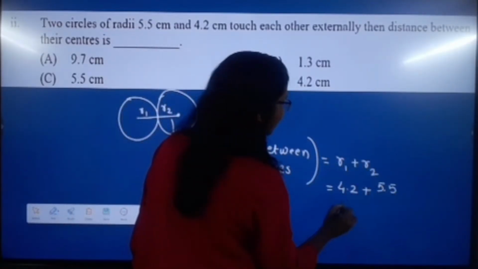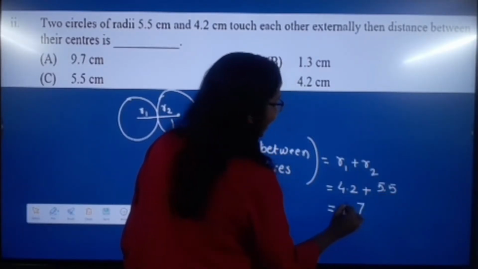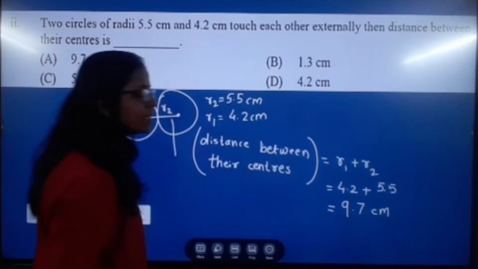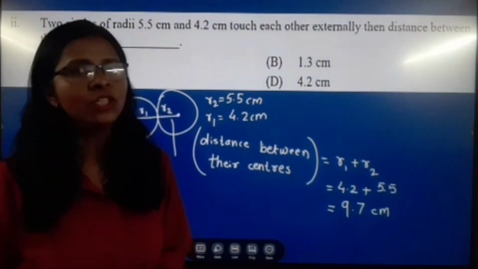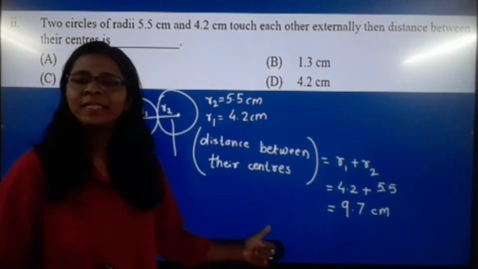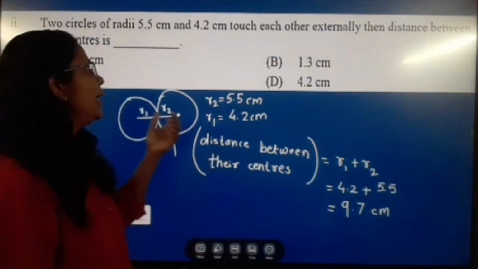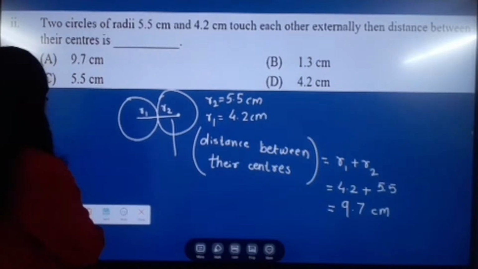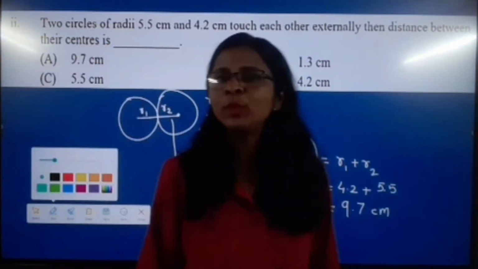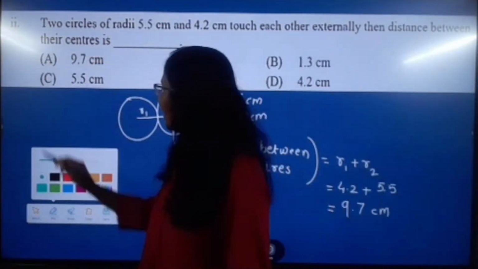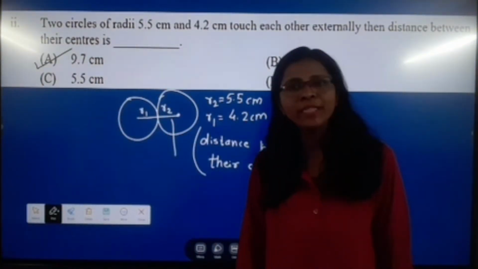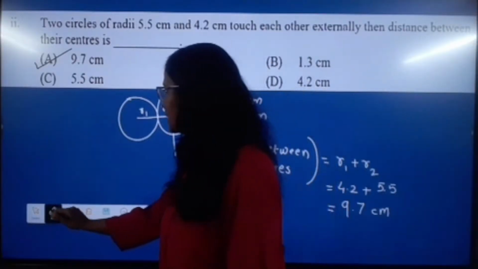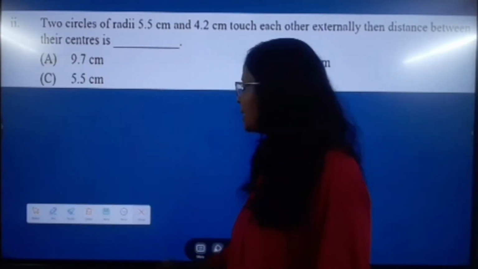So that is 9.7 centimeters, because they are externally touching circles. So the correct answer is 9.7 centimeter, and the correct option is A, 9.7 centimeter. Okay students, then the next example.